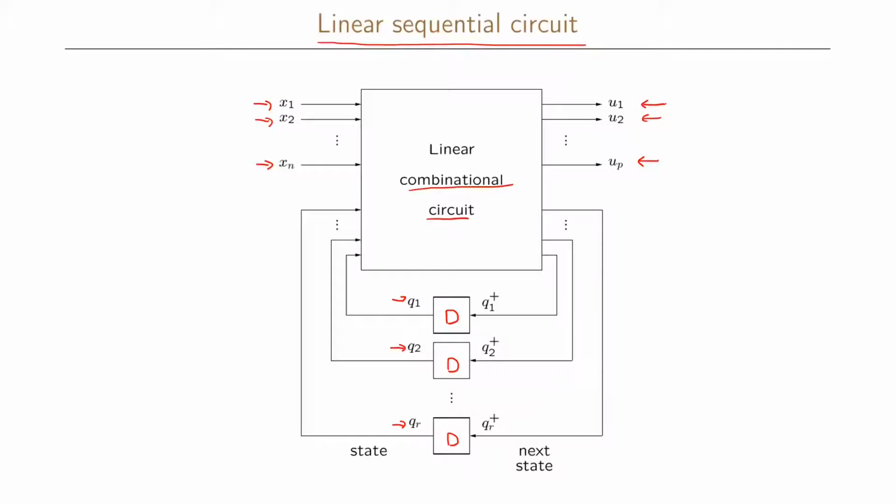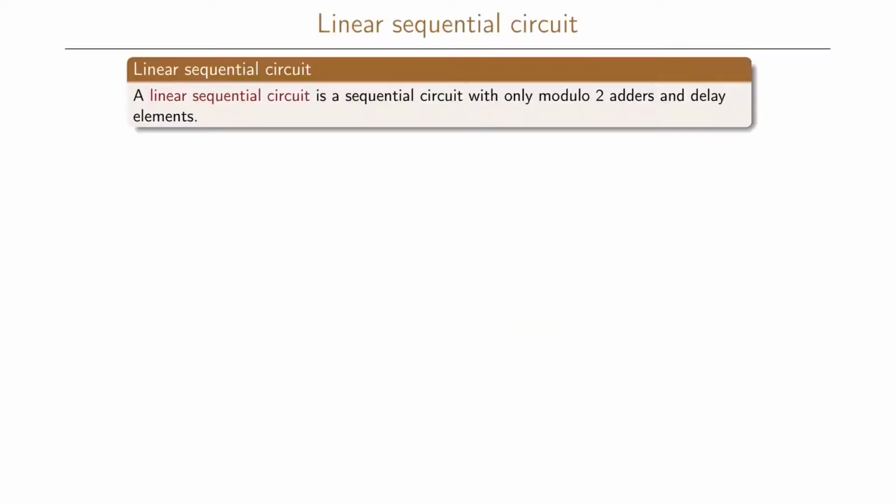This means that our output variables can be written as a linear function in the input variables and the state variables, and also our next state variables can be written as a linear function in our input variables and our state variables. So we can say that our linear sequential circuit is a sequential circuit with only modulo 2 adders and delay elements.